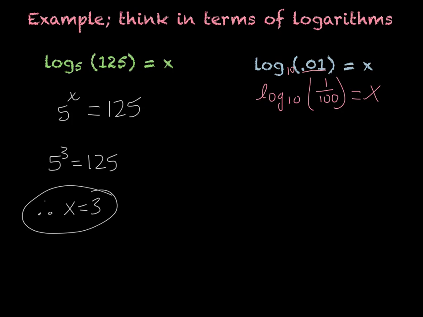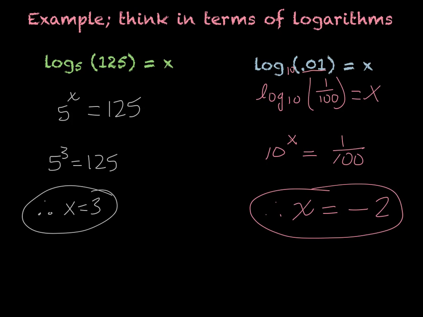So when we put it like this, then it's easy to look at it as 10 to the x power equals 1 over 100. Well, I know that 10 squared is 100. So if I flip the 10 squared to the bottom, that's using my exponent rules, which means add a negative. So x must equal negative 2, because 10 to the negative 2 power is 1 over 100. So x equals negative 2.